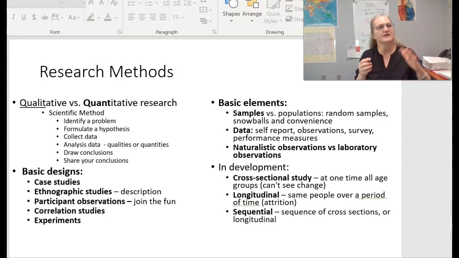Correlation studies are where I take two groups and I look for correlations. Correlation does not mean causation. We really cannot prove cause, but what we can say is that when this is associated with this, we have more of that.